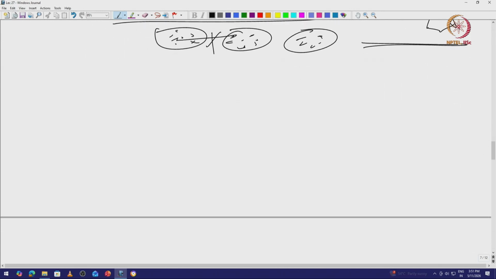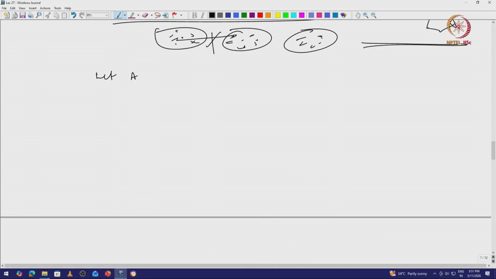Here is the key point. Let A be the set of edges collected so far.